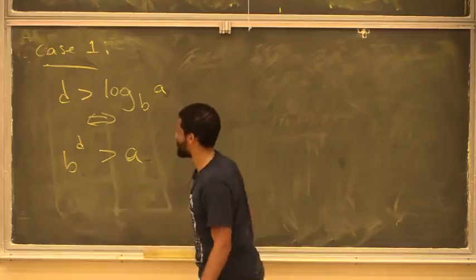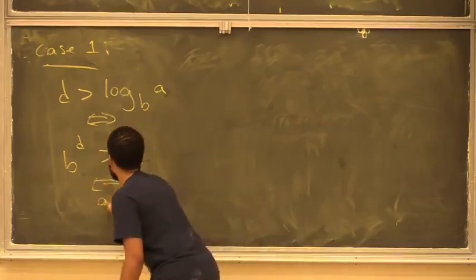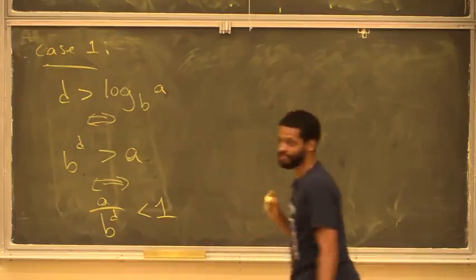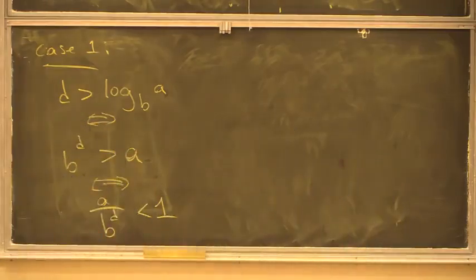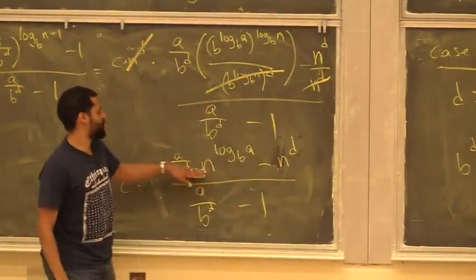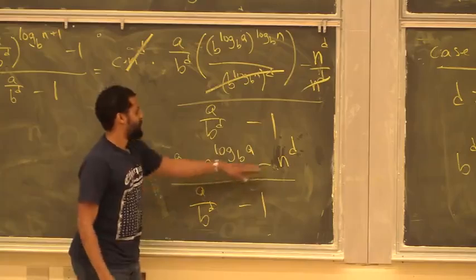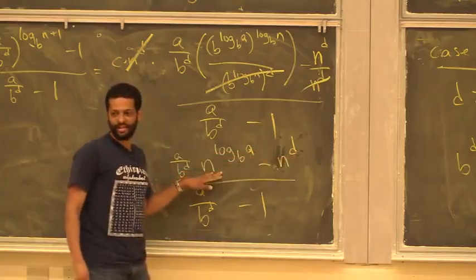This is also the same thing as saying a over b to the d is less than 1. Right? a over b to the d is less than 1. So the denominator is a negative number. And also the numerator is, if you think of n being large, since n to the d dominates, the numerator is also a negative number.